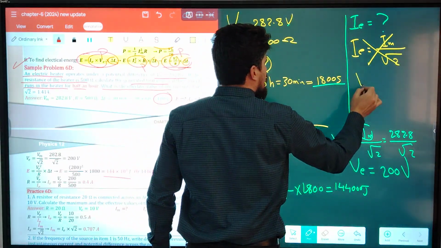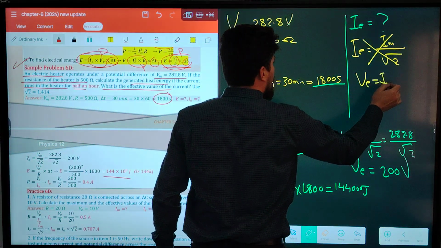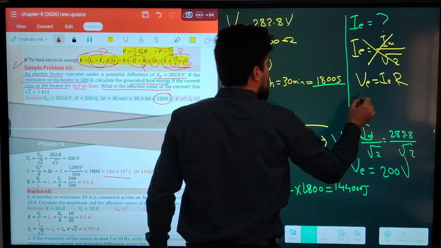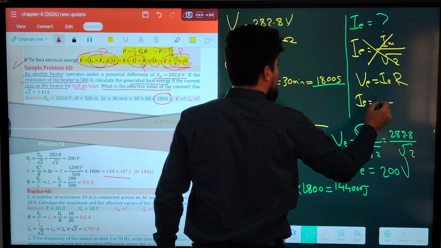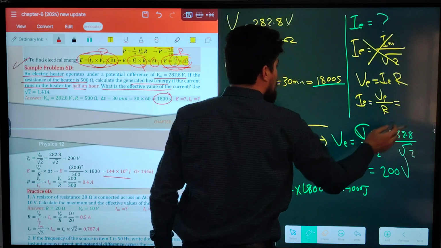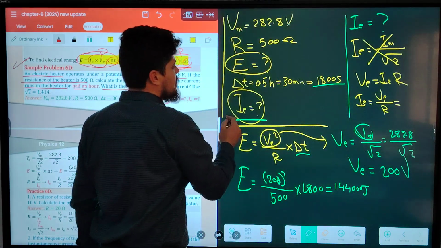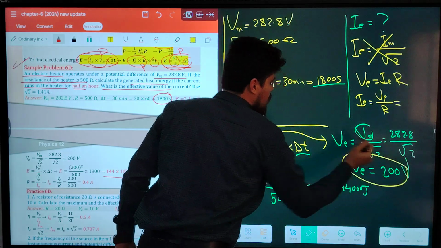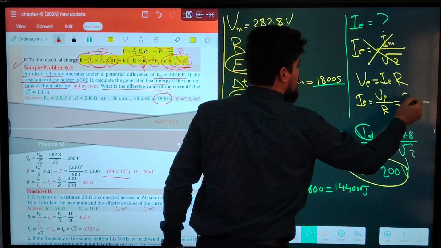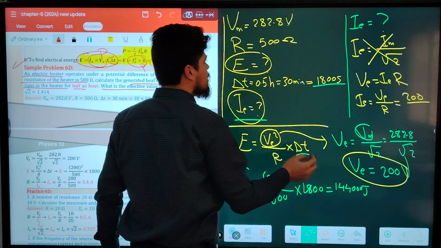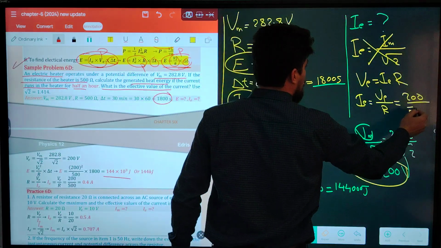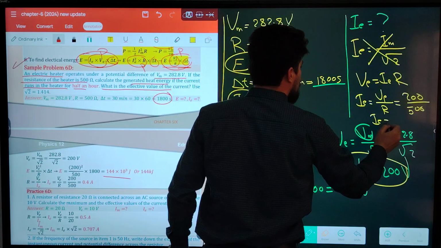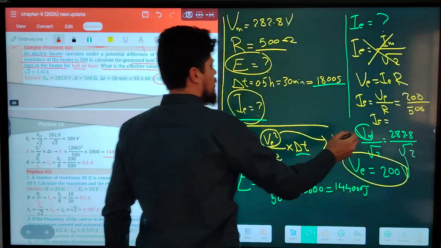In Ohm's law, VE is equal to IE R. IE is equal to VE over R. Do we have VE? No, we didn't have it, but we found it. This is VE. 200 divided by resistance, given as 500. I effective is equal to 0.4 ampere.